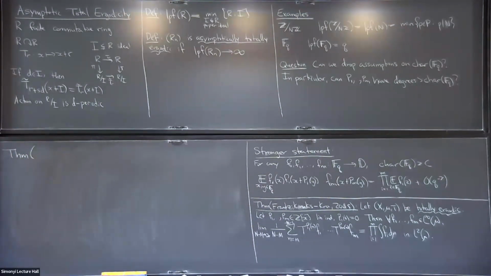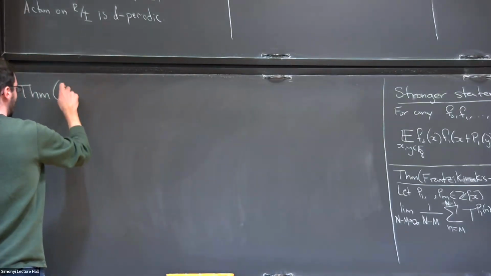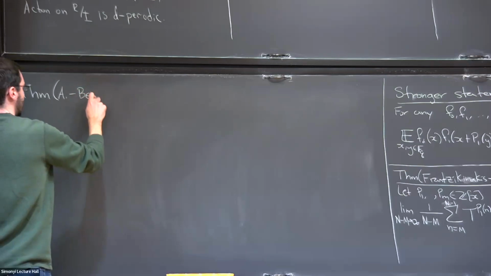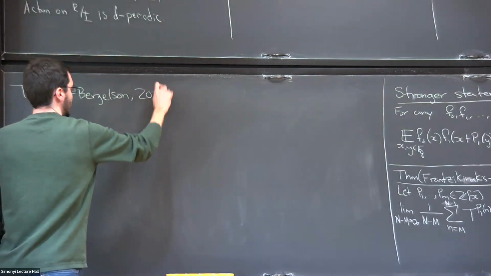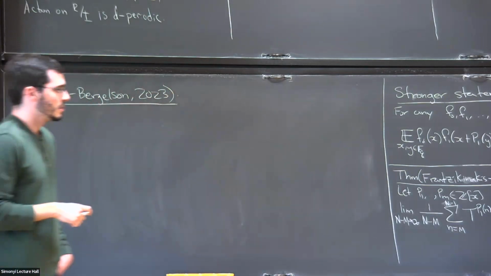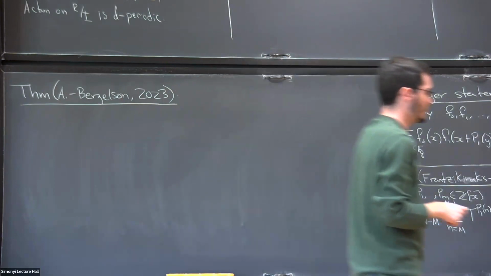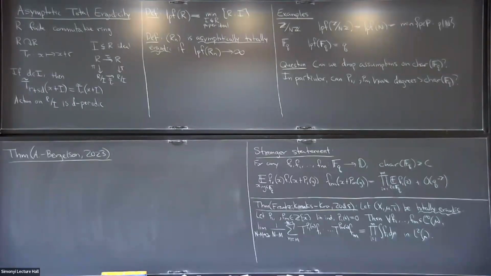Okay, so here's a theorem about polynomial ergodic averages for actions of that ring FPT. And I should define what it means for an action of this ring to be totally ergodic.